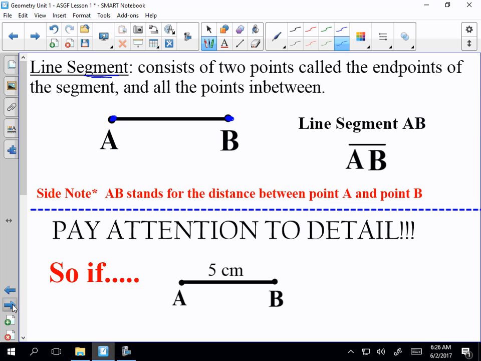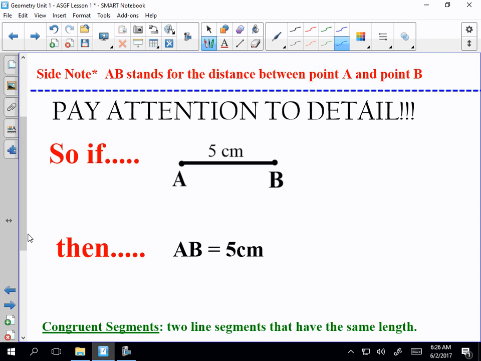So notice the way that we designate a line segment. We use the exact same notation as far as letters, but a line by itself has the arrows. A line segment does not have the arrows, and that tells us that it's a defined, measured distance between A and B.